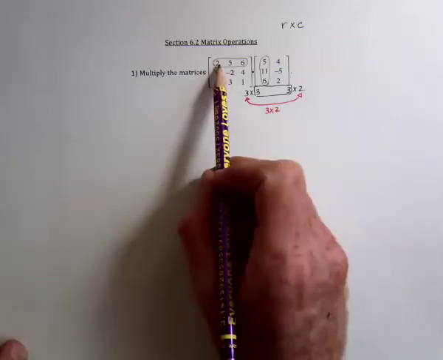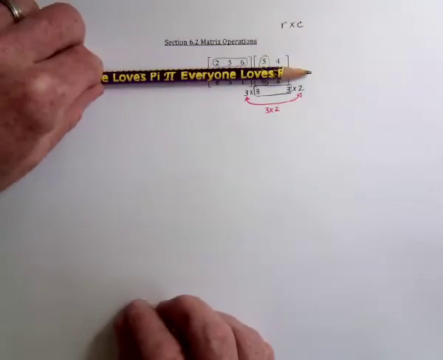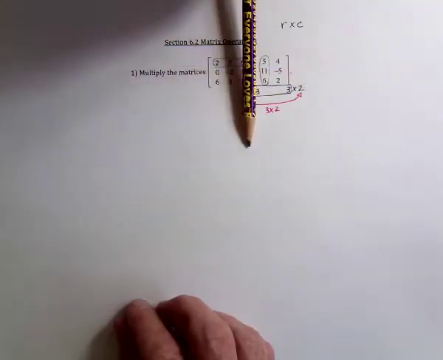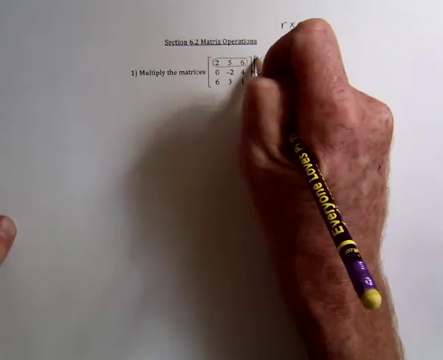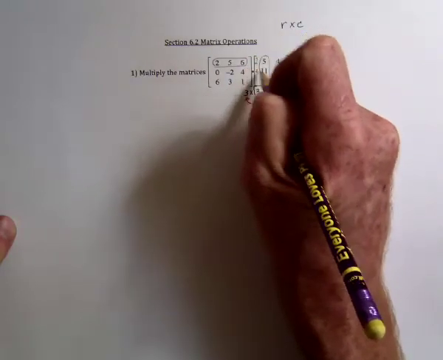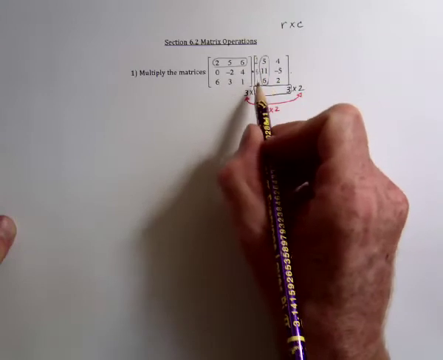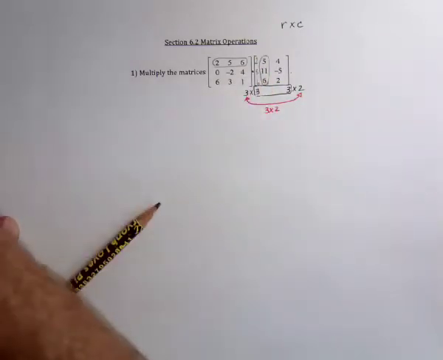So take this one, and right now it's horizontal. Well, take those same numbers, 2, 5, and 6, and turn them sideways so that they're next to this. And once you get used to it, you just do it in your mind. Turn it sideways. Multiply, multiply, multiply, and then add the results. And that's going to be the first entry.